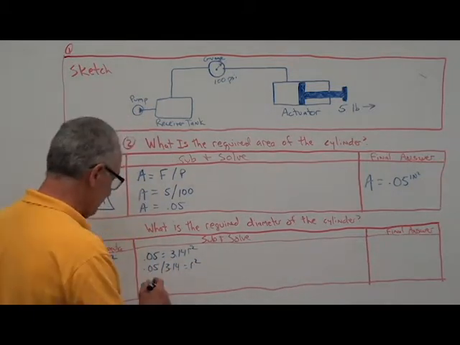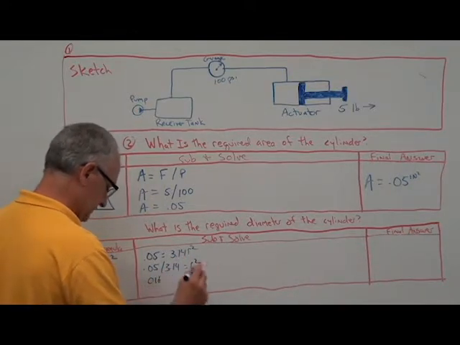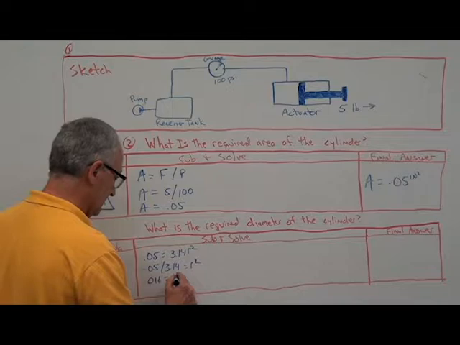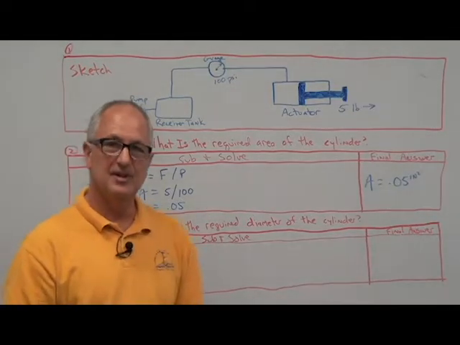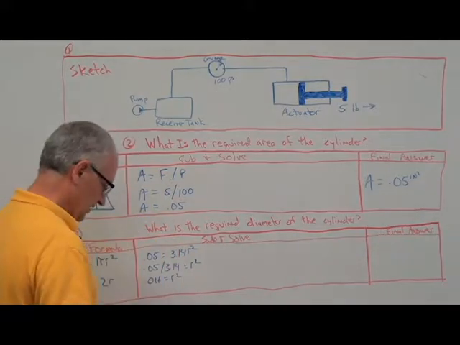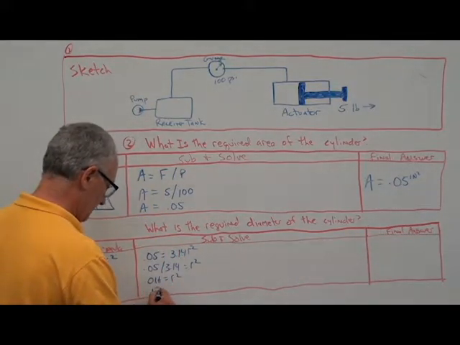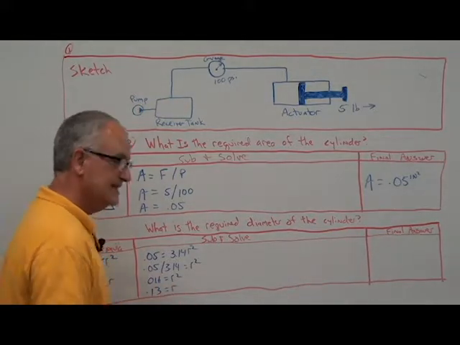And when I do that, I get 0.016 is equal to r squared. And then I'm simply going to take the square root of both sides so I can isolate r, and the square root of 0.016 is 0.13, and that is my radius.